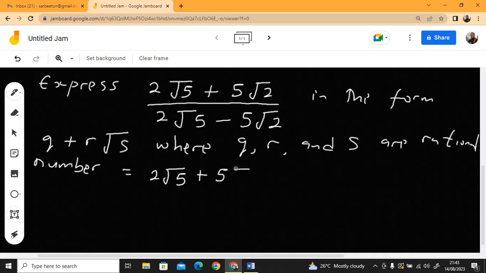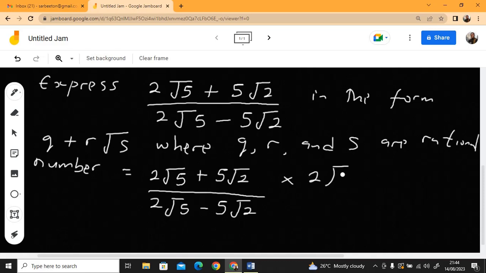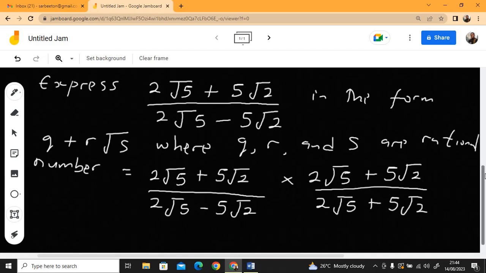Plus 5 root 2 all over 2 root 5 minus 5 root 2, then times, so when you multiply it, at the bottom you have 2 root 5, you know it's minus here, you change it to plus, plus 5 root 2 all over 2 root 5 plus 5 root 2. So this is what this thing will lead us to.